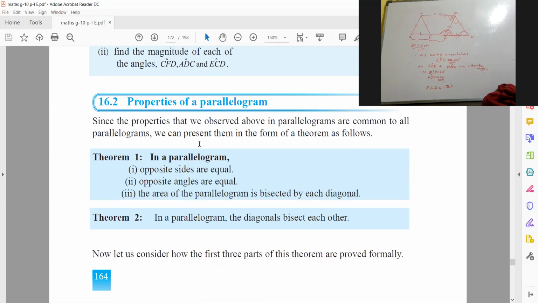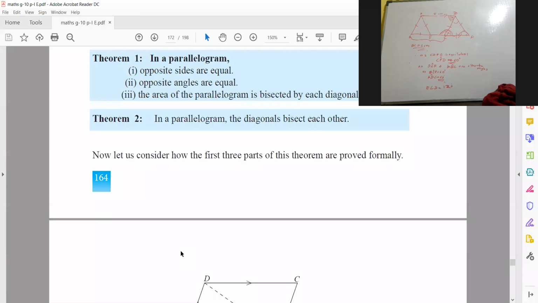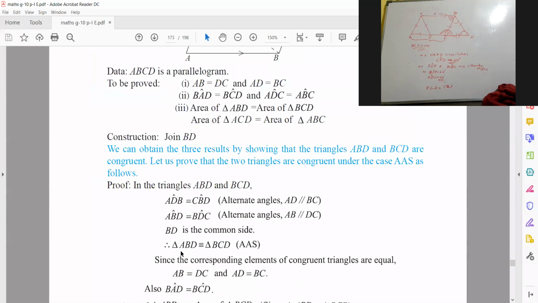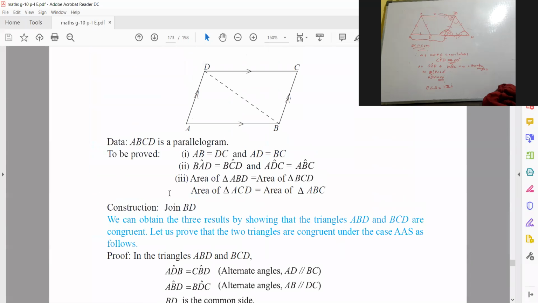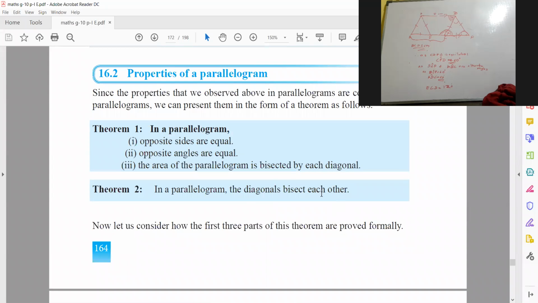The things we are going to prove are that opposite sides are equal in a parallelogram, opposite angles are equal, and the area of a parallelogram is bisected by each diagonal. Those are the three things that we are going to prove. It is there in your textbook also. And this is the other property in a parallelogram: the diagonals bisect each other.